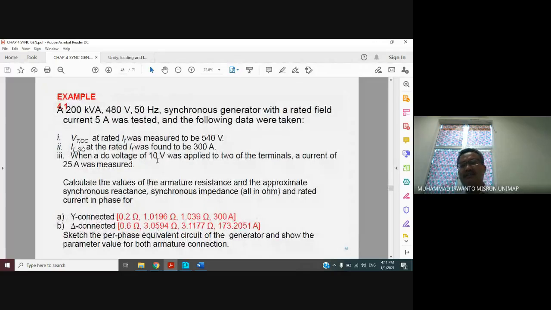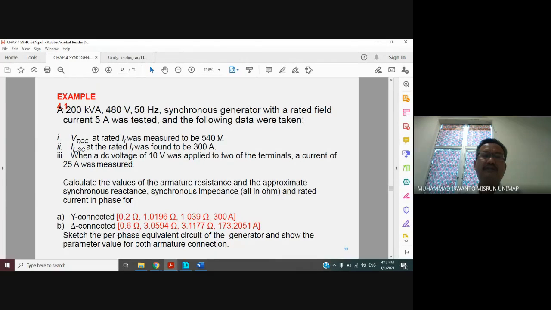Okay, last, for example, example 4.1. A 200 kVA, 400 volt, 50 Hz synchronous generator with a rated field current of 5 ampere was tested, and the following data were taken. First, VT open circuit at rated IF was measured to be 540 volt.